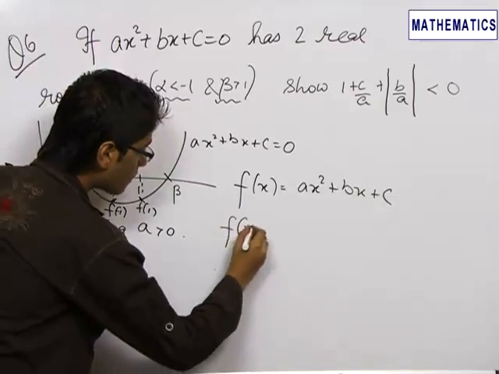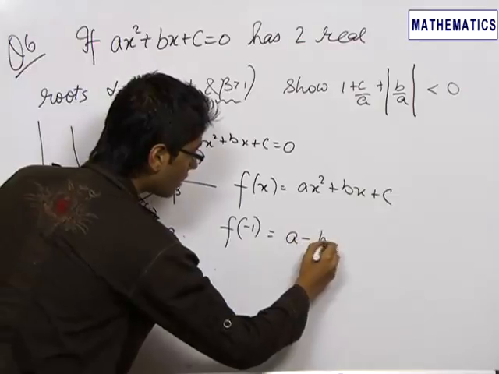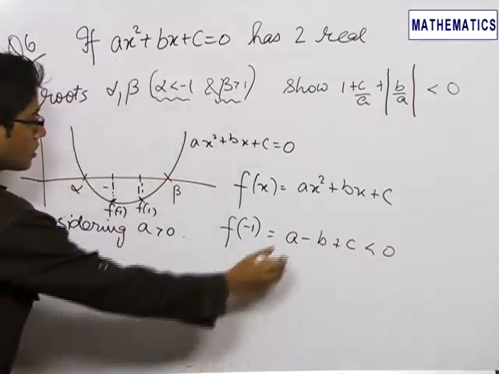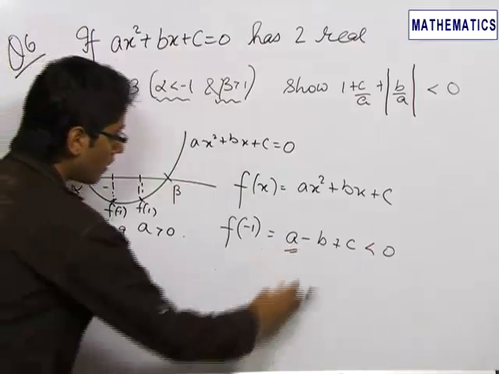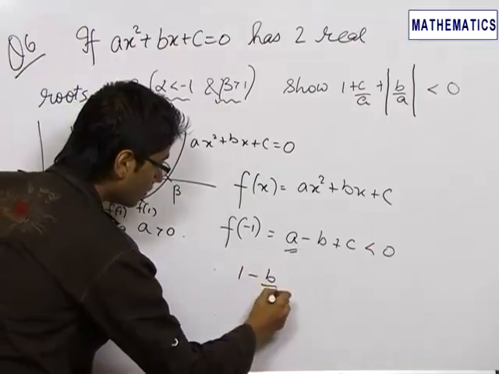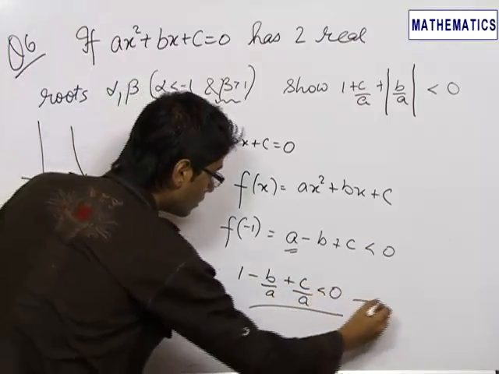So taking x equals minus 1, we get f of minus 1 equals a minus b plus c is less than 0. Now since we took a as positive, dividing the whole equation by a, we get 1 minus b by a plus c by a to be less than 0. This is the first equation.